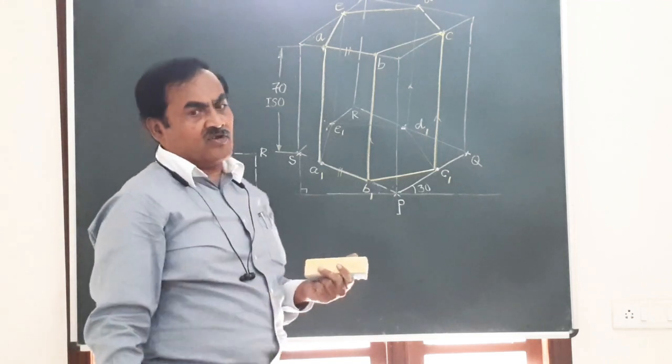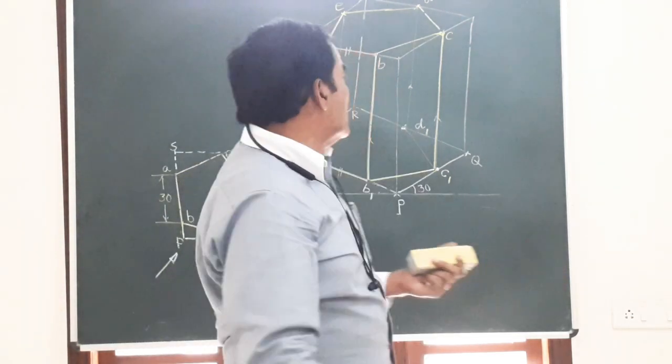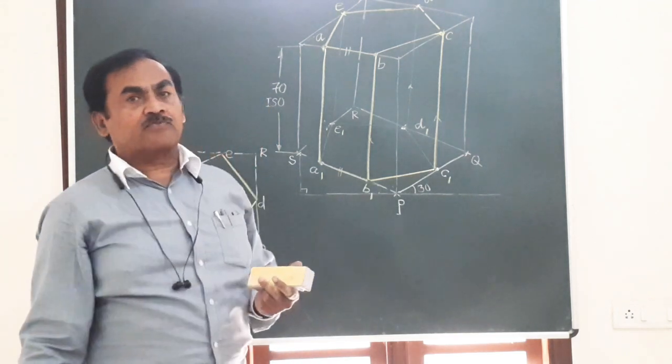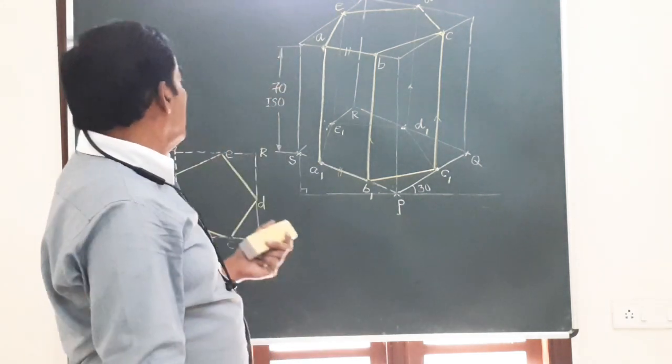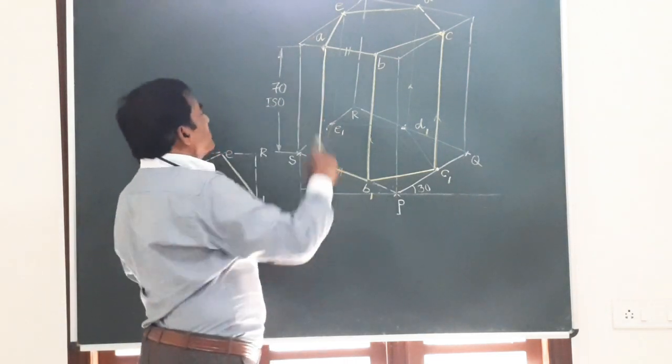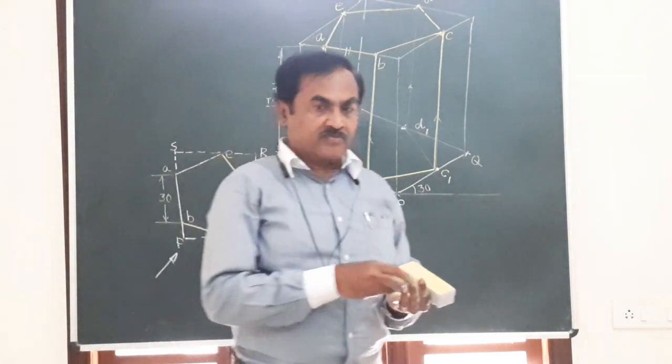Friends, I hope you followed this, and this figure, whatever is shown in color, represents the isometric projection of the pentagonal prism having side of base 30 mm and height equal to 70 mm.